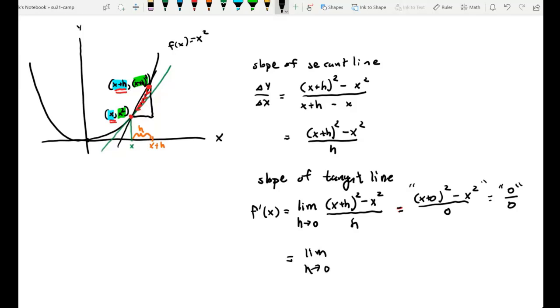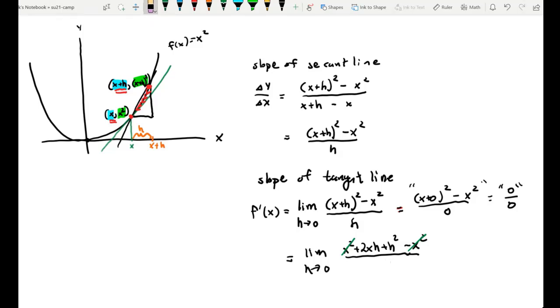Here we're just going to expand the x plus h squared using binomial expansion. And something happens that we expect to happen, which is that the terms that don't have an h in them are going to cancel out.